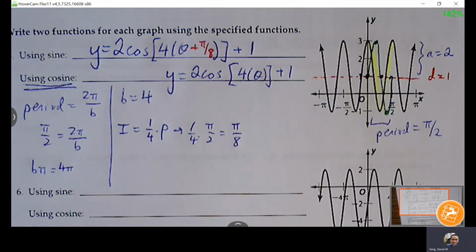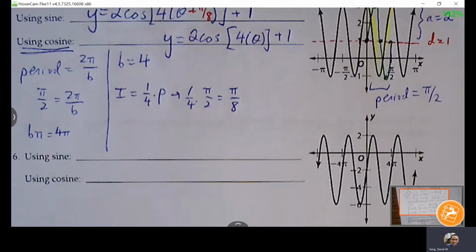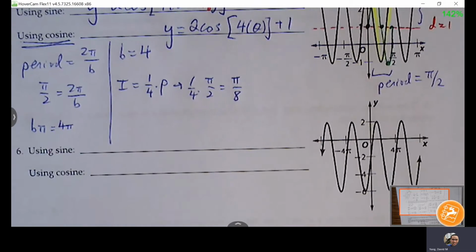Now, just a little bit of a hint. If you look at number 6, what do you think is the easier one to start with? Sine. Yeah, I think this graph resembles the sine graph more. So I would start with sine, do the easier one first, and then we can work in the cosine later.